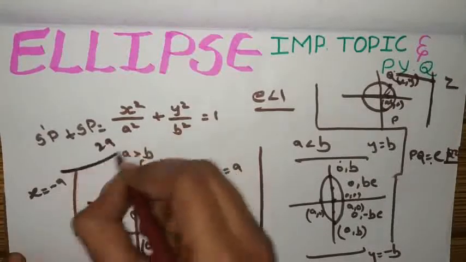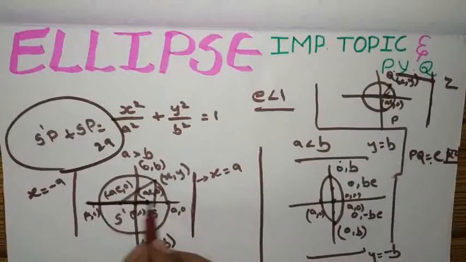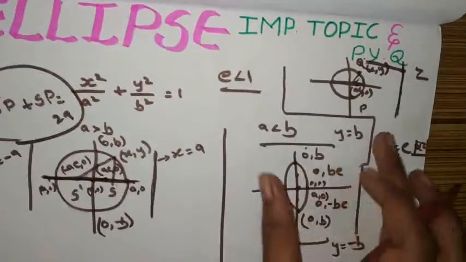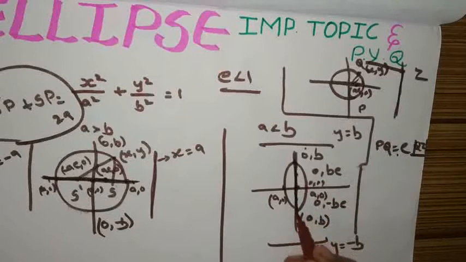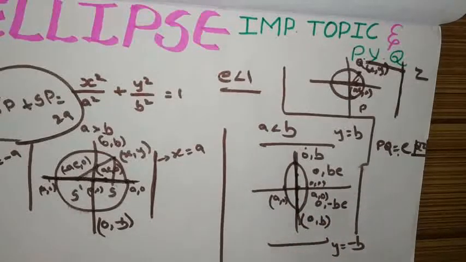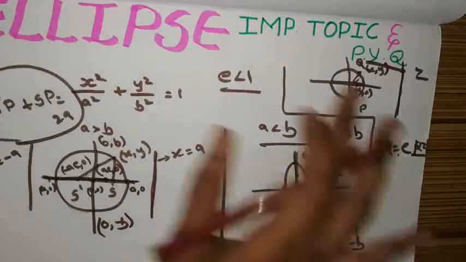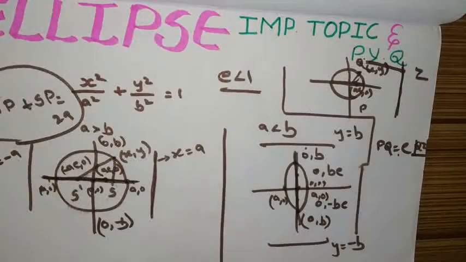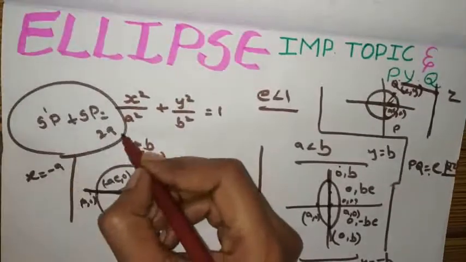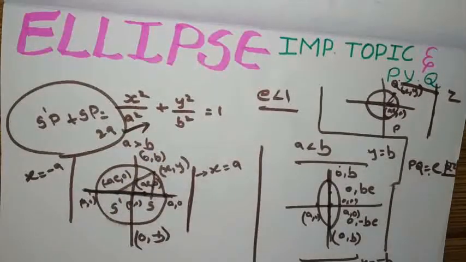Understood? See, this is the major axis. When coming to this equation, the major axis will be this one. So this is just an introduction. I took 4 minutes for this because from only this concept we are going to solve these questions. From this, one 1983 IIT question is given. Okay, let's solve.